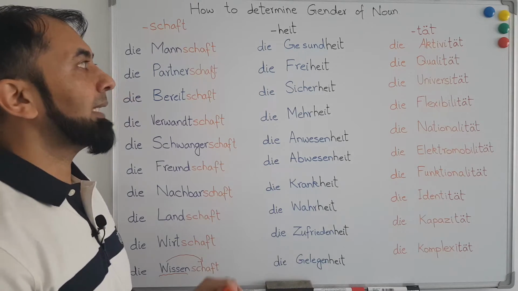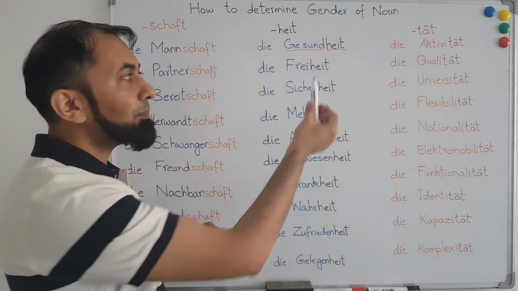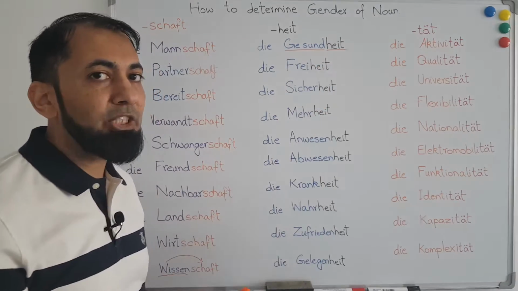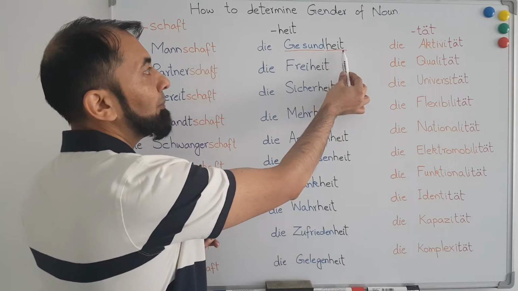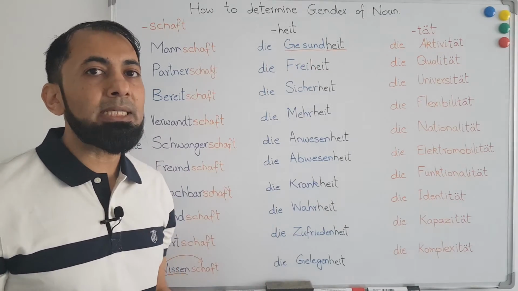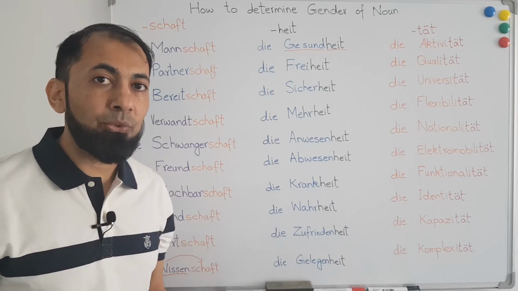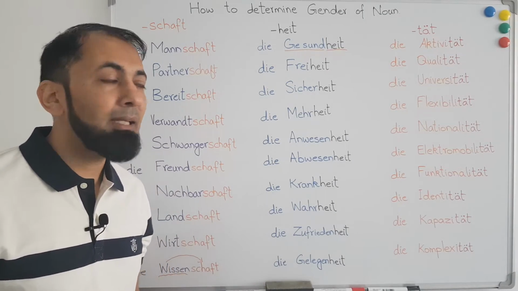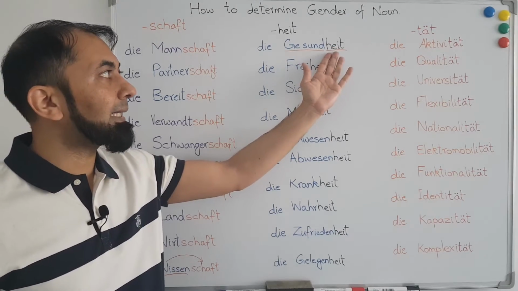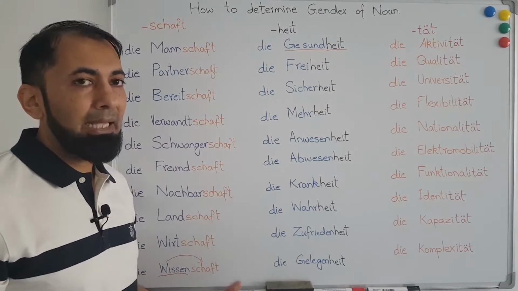Now this again is composed of two parts. The first part can be another noun or adjective, and the second part will be -heit. If you use the word gesund alone, it means healthy. Like you can say, bleiben Sie gesund, stay healthy. But if we put a suffix -heit at the end, it will become Gesundheit, which means health.